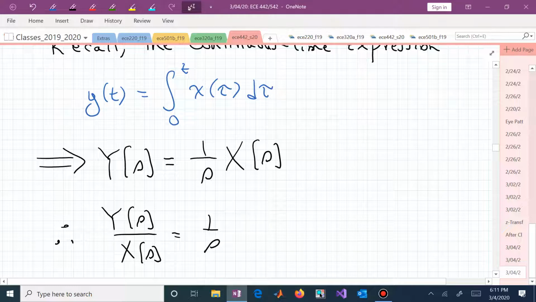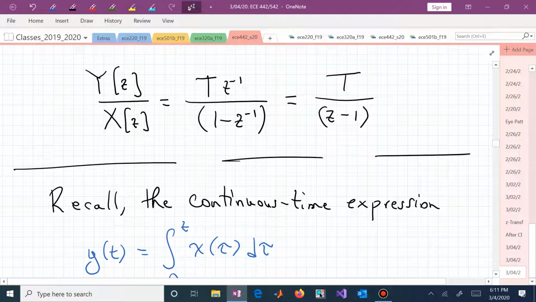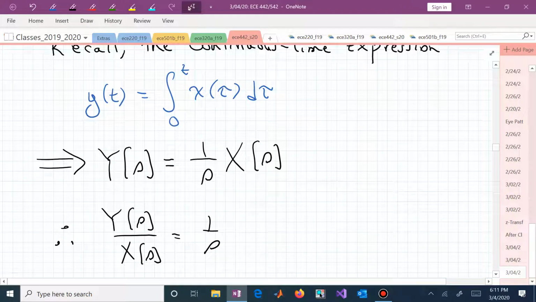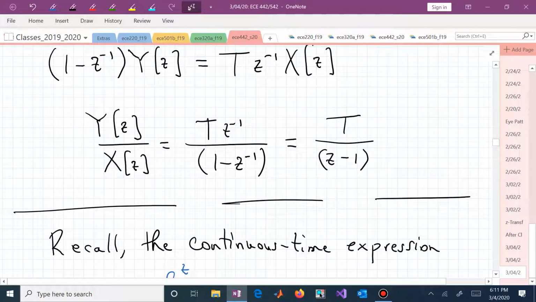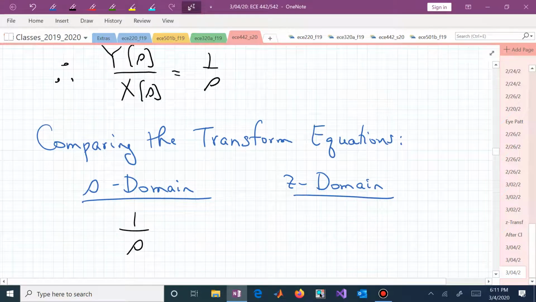So what? Well, now we can compare this transfer function with this. Here we have it in the continuous time setting, or in the S domain. Here we have it in the discrete time setting in the Z domain. We are now going to connect those. Let's compare the transform equations.